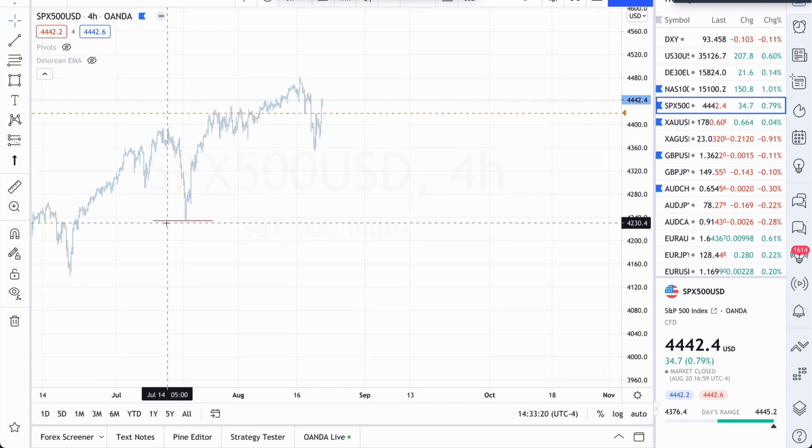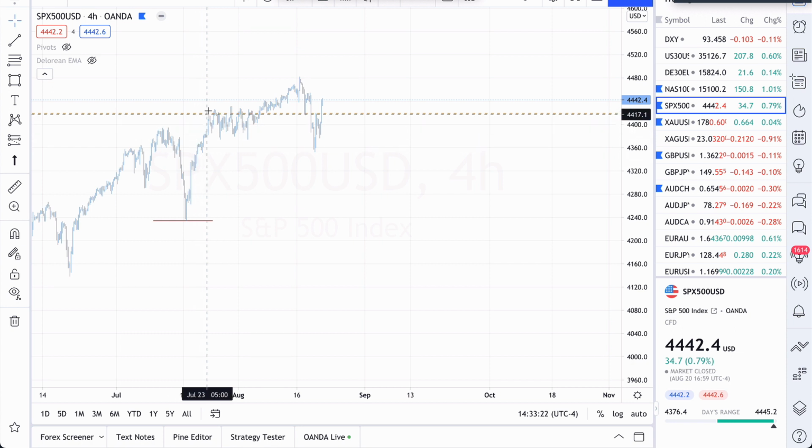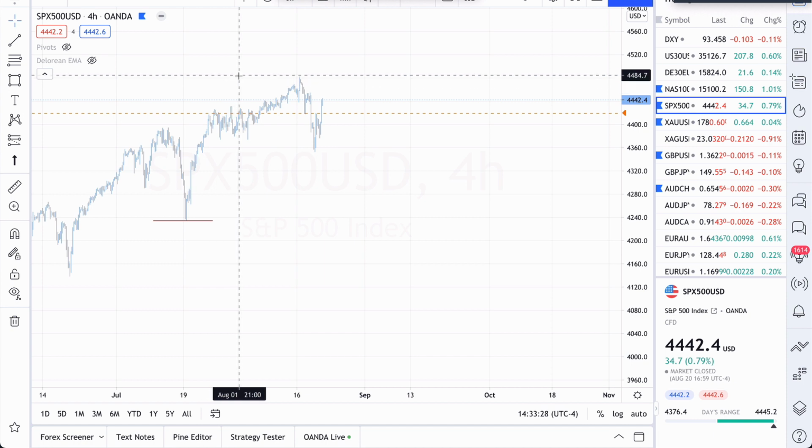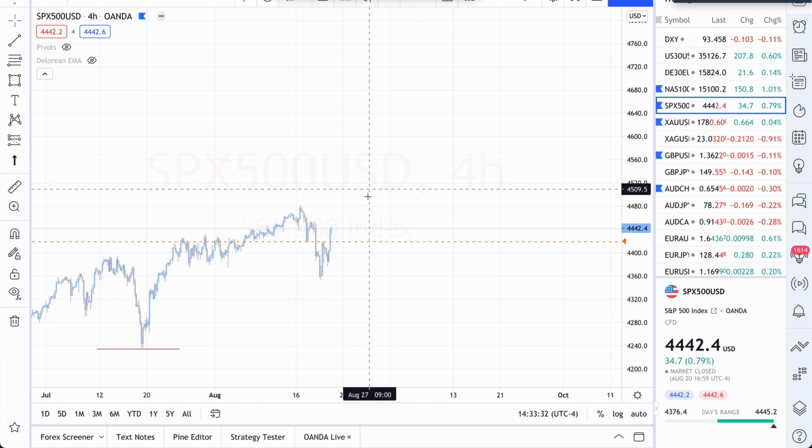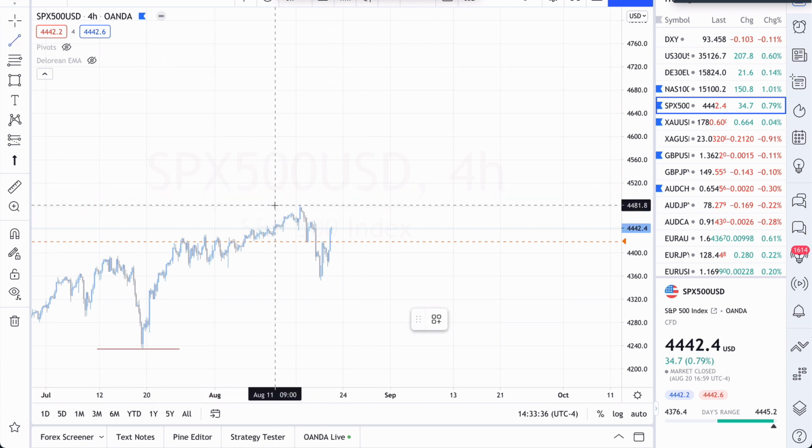Watch the move. The market came here. This could have been a swing, but it kept going higher. Make sense? So here's our swing high, right here.